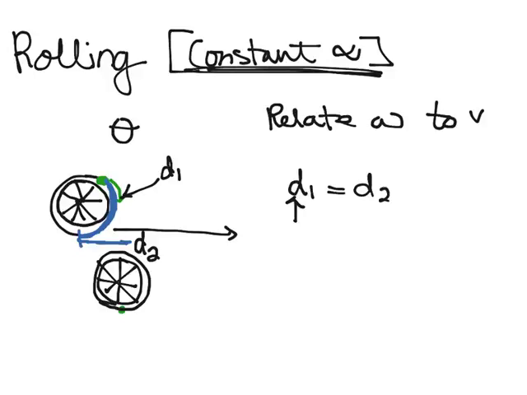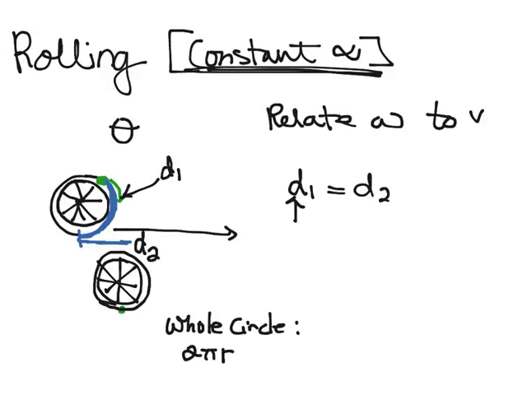For a whole circle, we will have traveled 2 pi r around the circle.